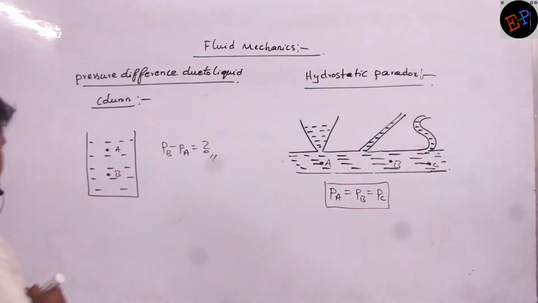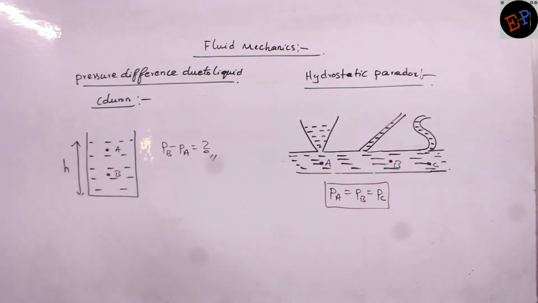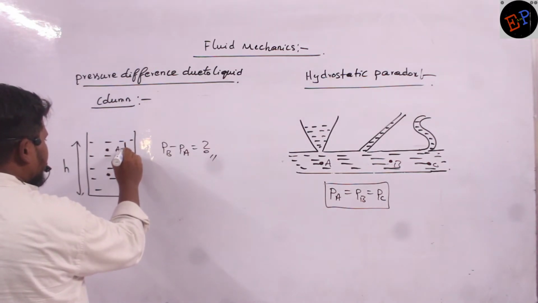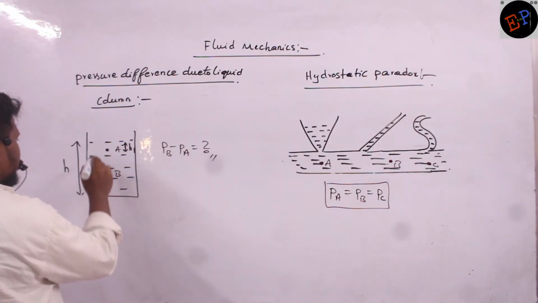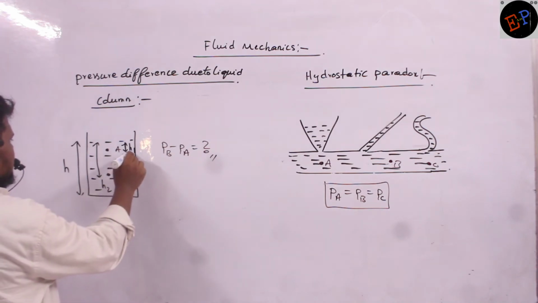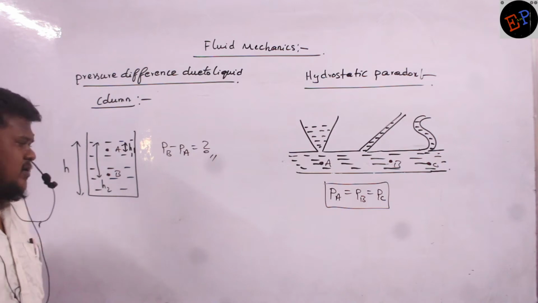Let us consider the total height of this liquid column is H. Now point A is present at a height of H1, and point B is present at a height of H2.